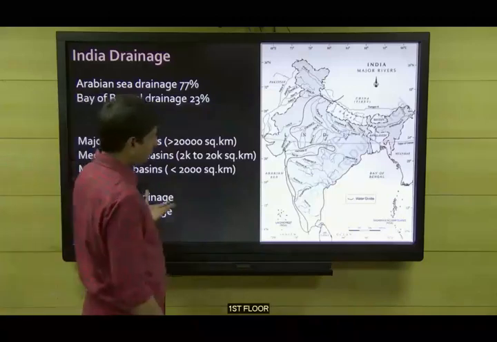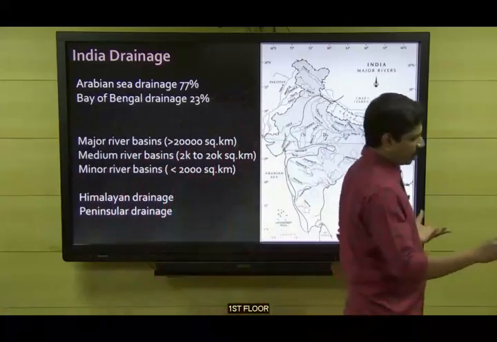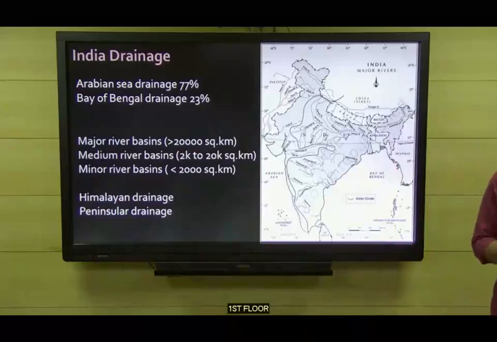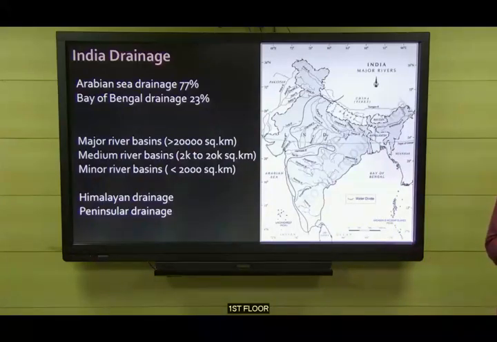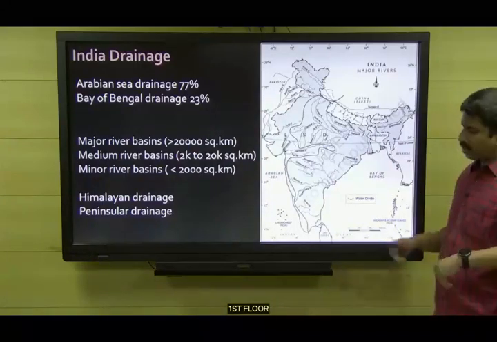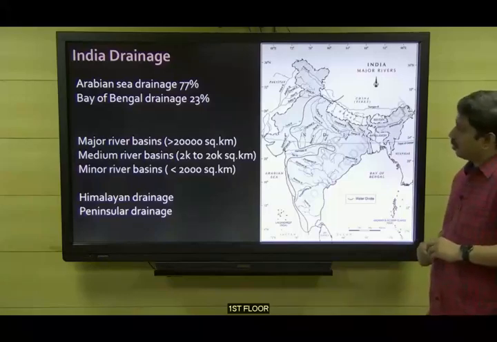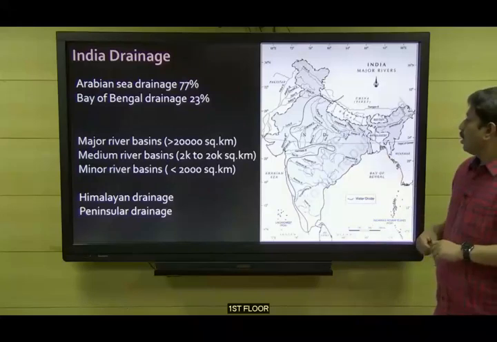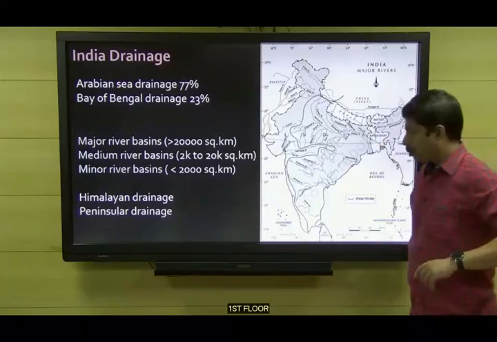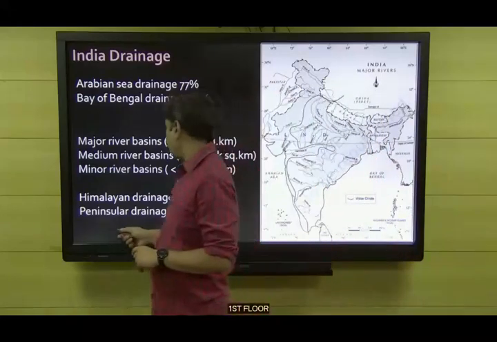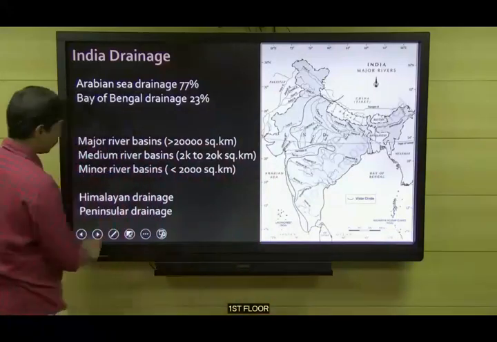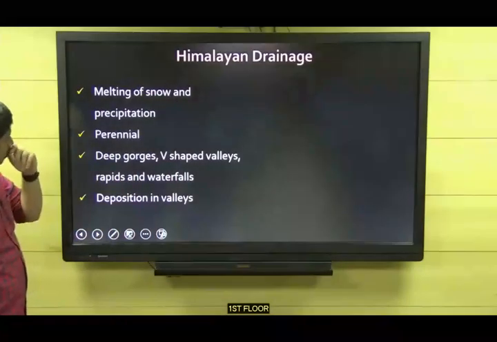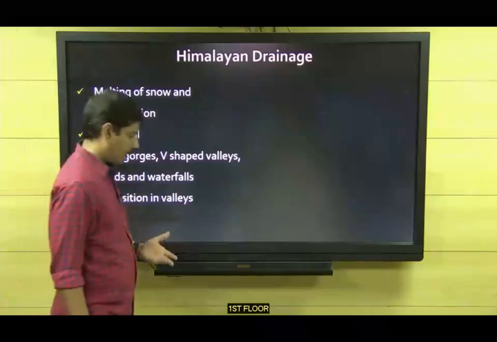And then a few more topics we will see, like how the drainage system of India has evolved geologically in the past. These are the conceptual part, and to be frank, the tributaries and where each river originates are all factual. You can learn them from any standard text.